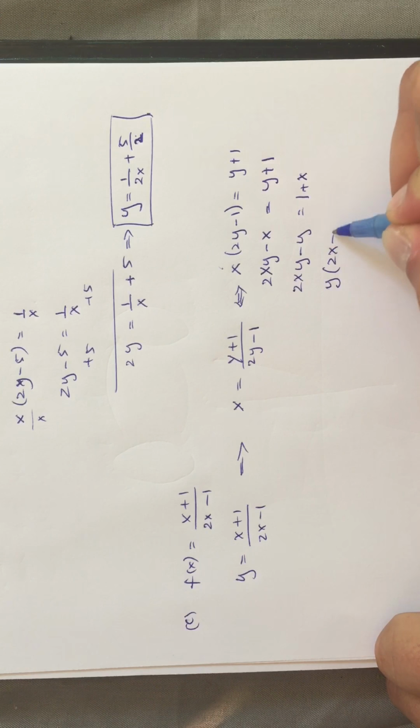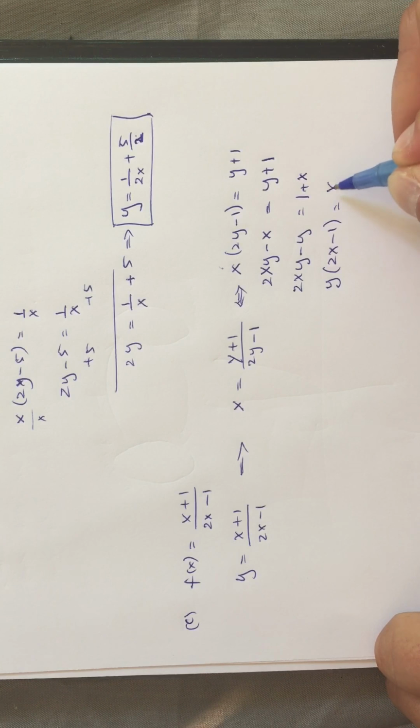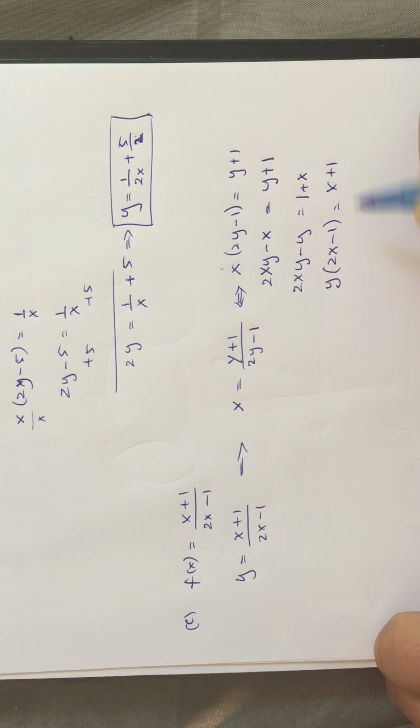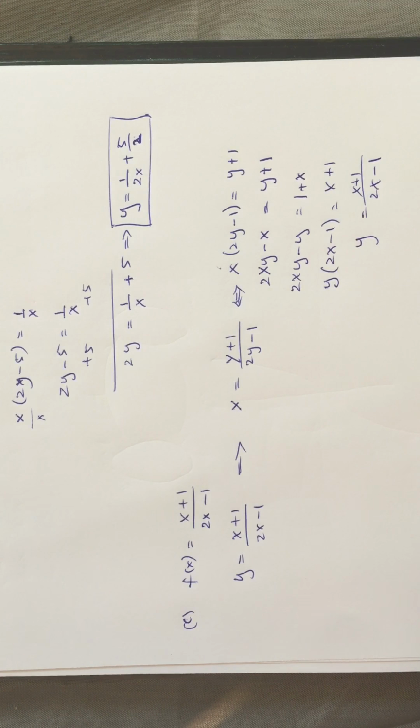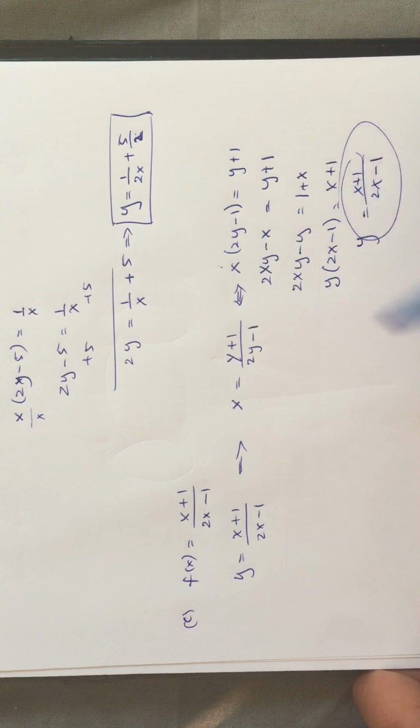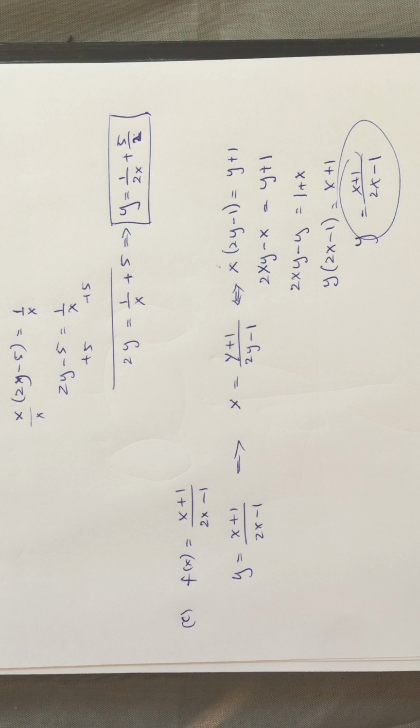So this is y equals (x plus 1) over (2x minus 1); I can write 1 plus x either way. Wow, the nice thing is this function has itself as an inverse. It looks very unique, very unique.